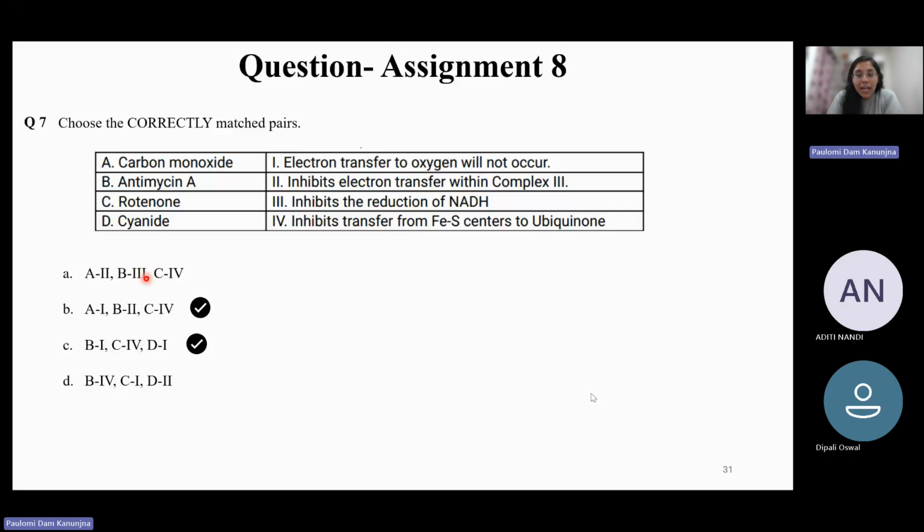Yes, you can type your question, because most of the time I am on the other screen where I am looking into the question. So I will keep coming back to your chat box, but you can type your question. I can read and then solve, or you can unmute yourself and ask if you have any doubt.